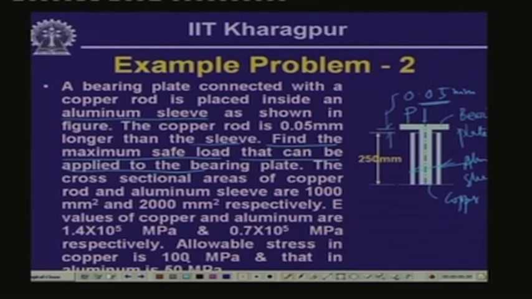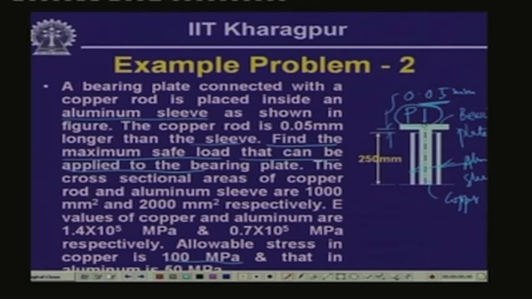Allowable stress in copper is 100 MPa and that in aluminum is 50 MPa. So, the maximum permissible stresses and the cross sectional areas are given. Now, our job is to compute the value of P which can be safely applied on top of this bearing plate.